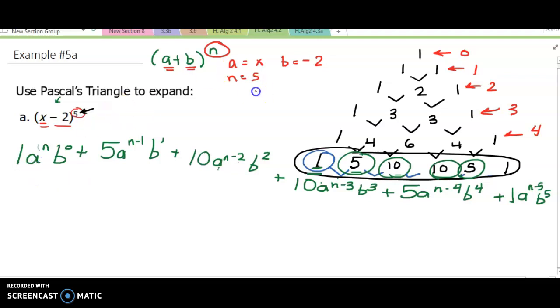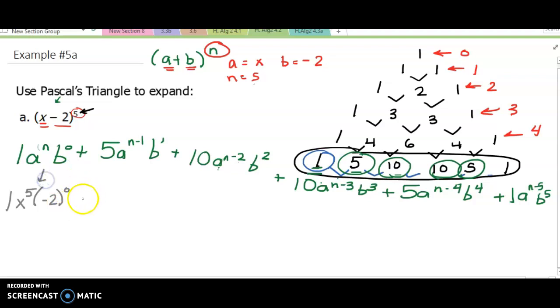So if I plug this in, remember my a is x, my b is -2. So I can take this and say, all right, here I have 1. Now my a to the n, my a is x, and my n is 5. So 1x to the 5th, and then my b is -2 to the 0 power.